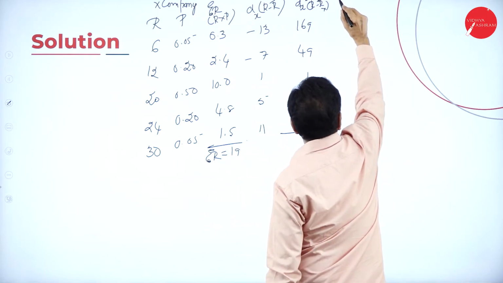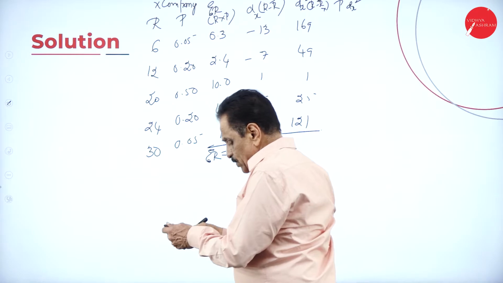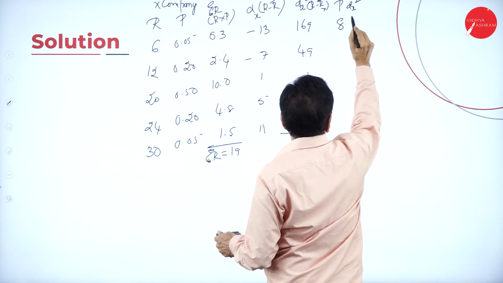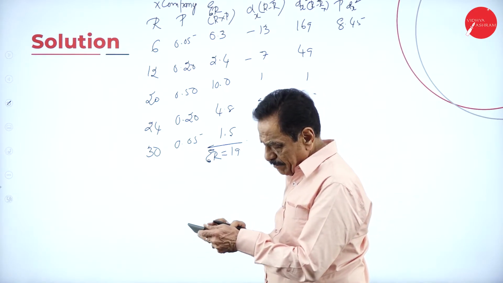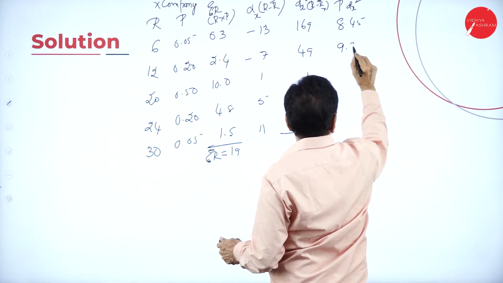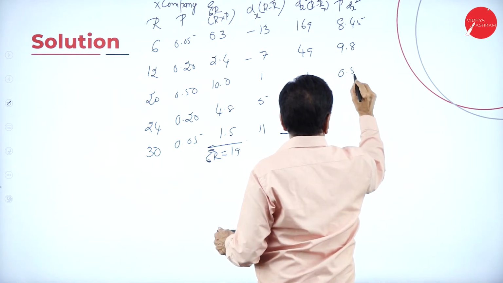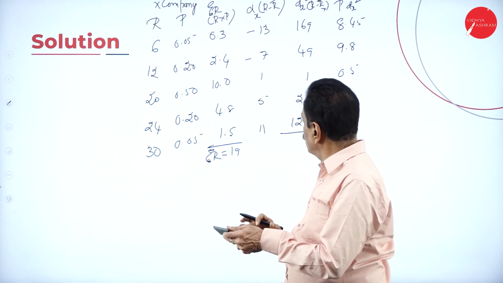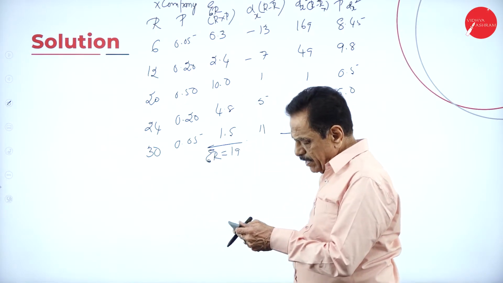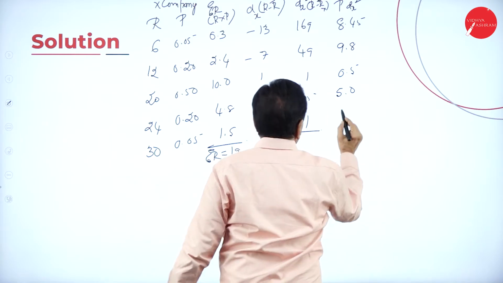Then multiplied by p, p into dx square. 169 into 0.05 is 8.45. 49 into 0.20 is 9.8. 1 into 0.50 is 0.5. 25 into 0.20 is 5. 121 into 0.05 is 6.05.